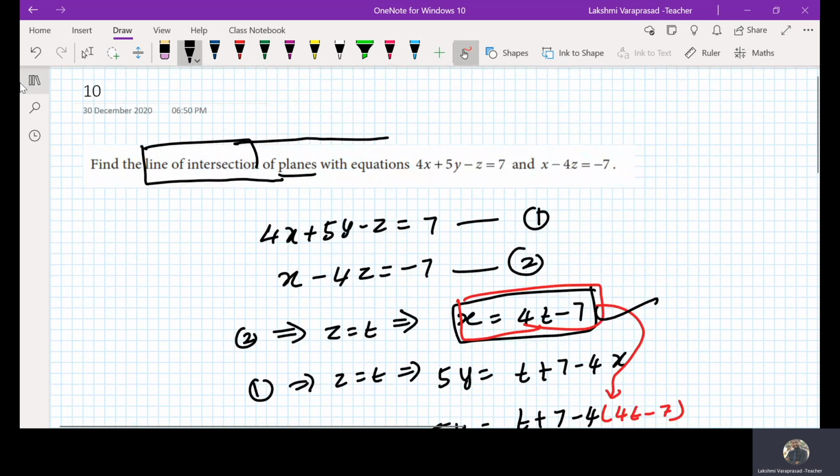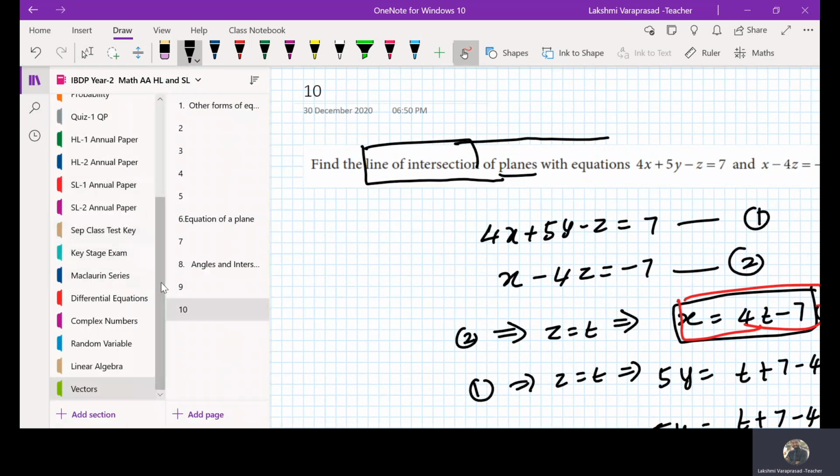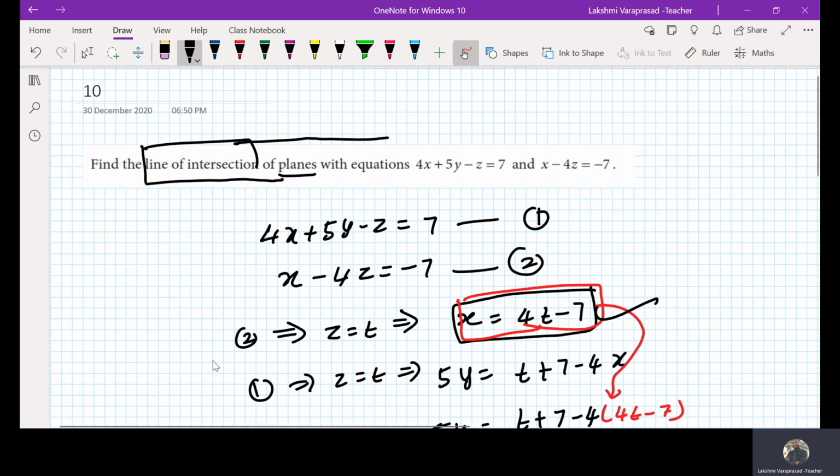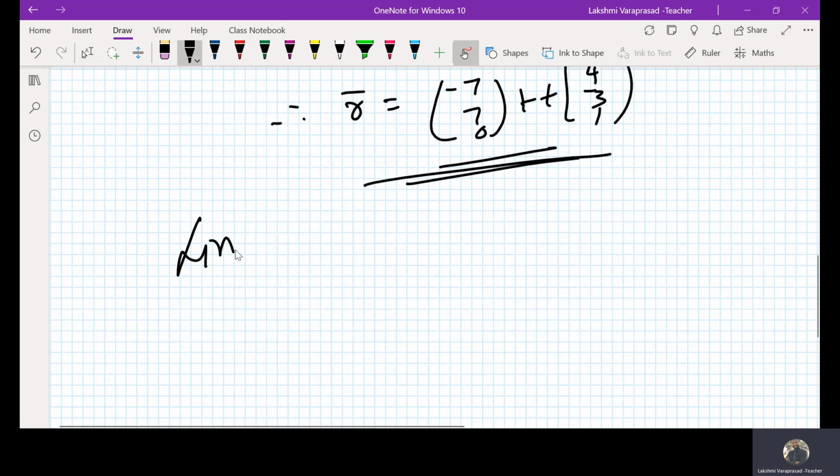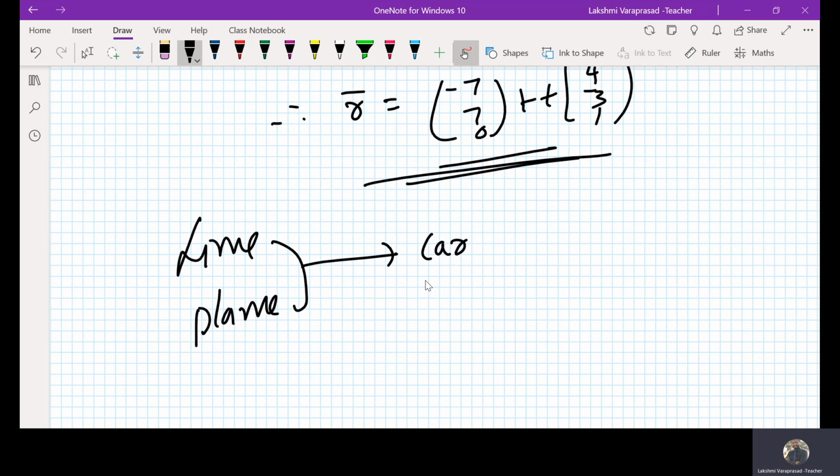These are the concepts in the vector chapter. What have we seen so far? Vector line equation, vector plane equation, and the Cartesian forms of these two equations.